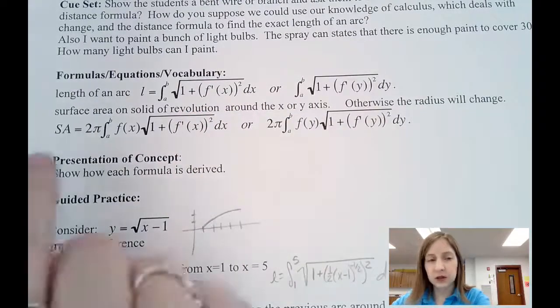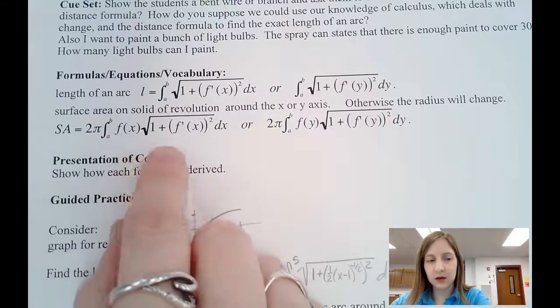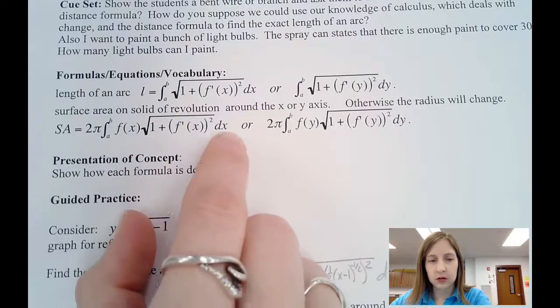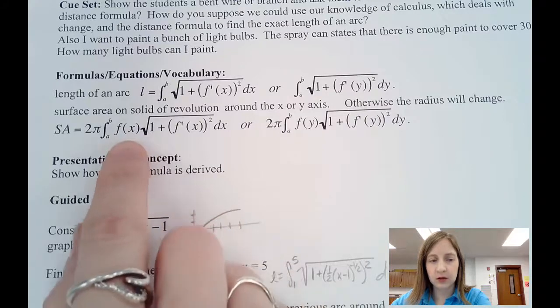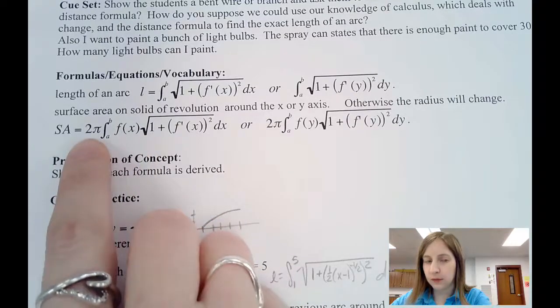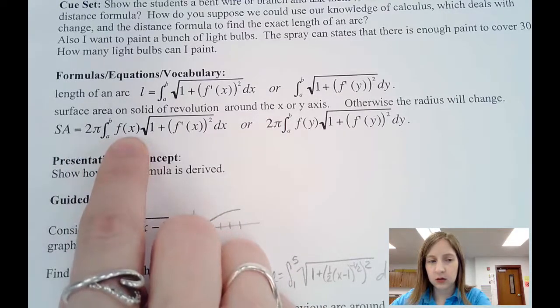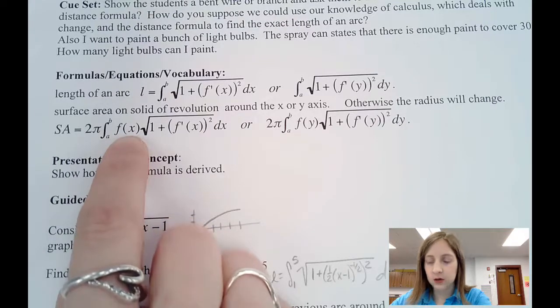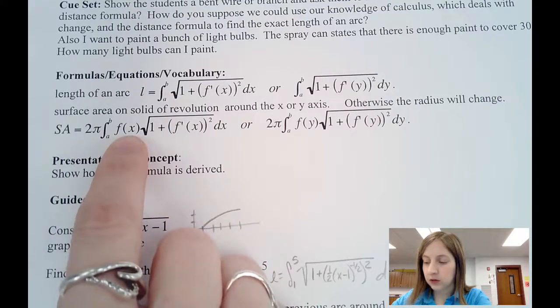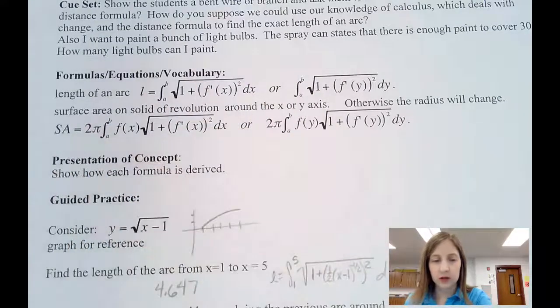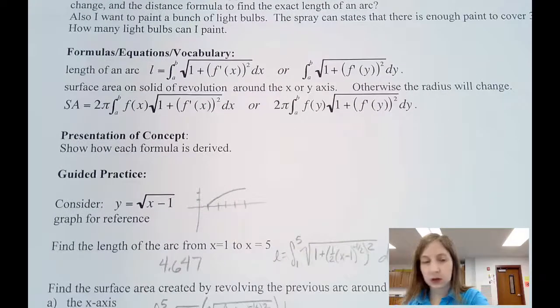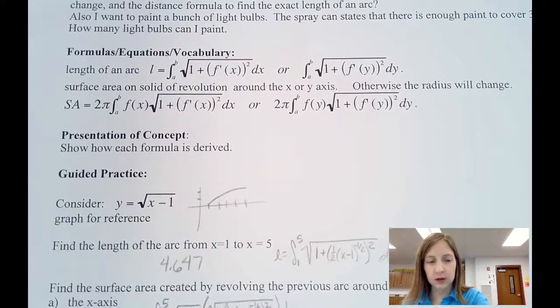And then for surface area, we're doing that same length that we do for the arc length, and then multiplying that length by 2 pi r. So each of those little lengths multiplied by the area around, adding them all together gives us the surface area. So here's our guided practice.